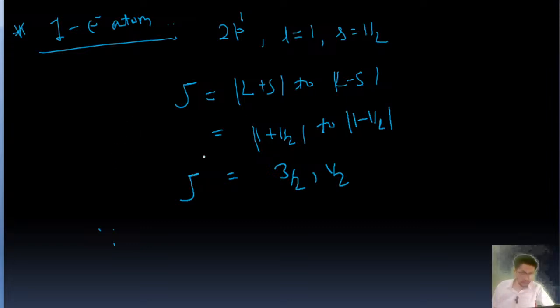So for L equal to 1, the values of J are 3 by 2 and 1 by 2.